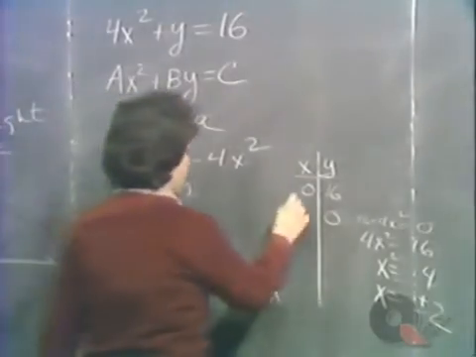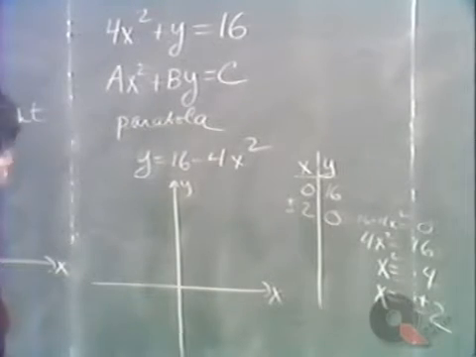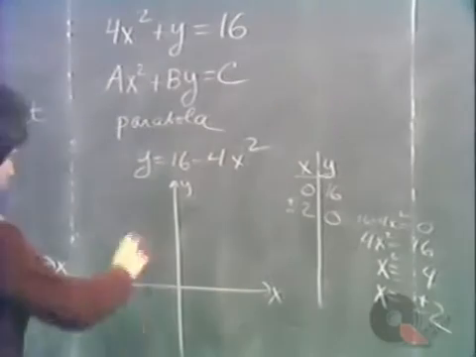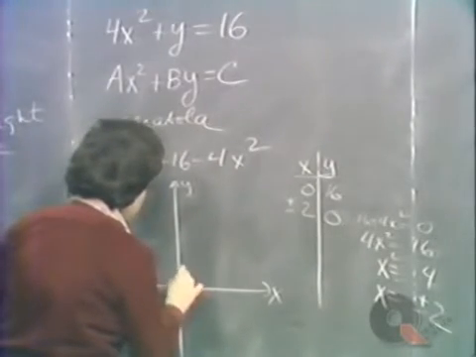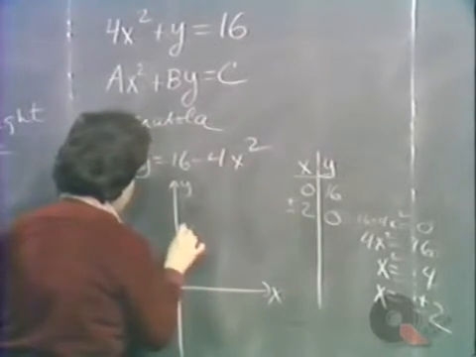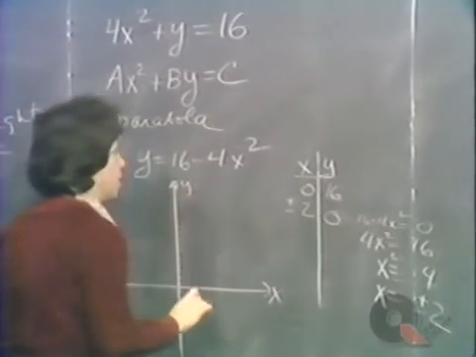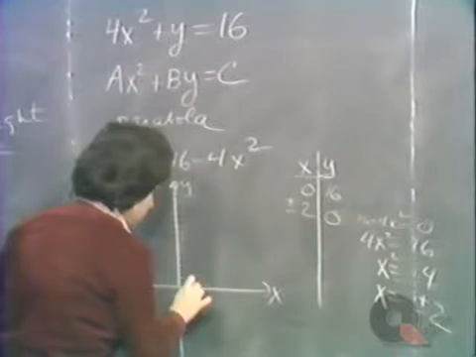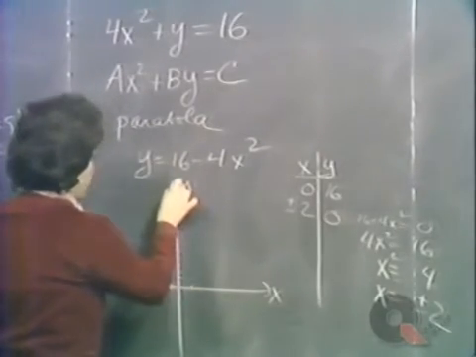Okay, so we have plus and minus 2, 0. And it turns out the vertex is also at 0, 16. And let's plot the points that we have. 0, 16. 2, 0, and minus 2, 0. It's a parabola.